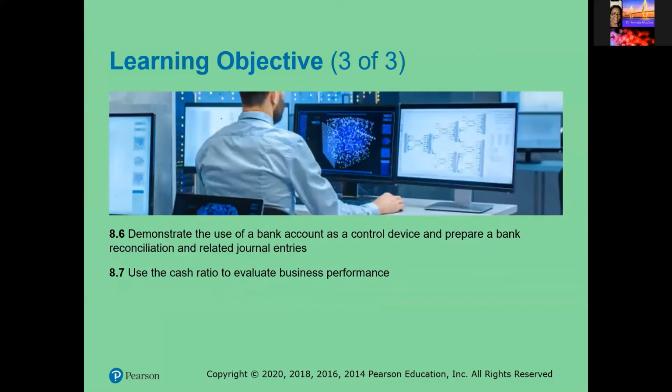Learning objective 6, demonstrate the use of a bank account as a control device and prepare a bank reconciliation and related journal entries. And finally, objective number 7, use the cash ratio to evaluate business performance.